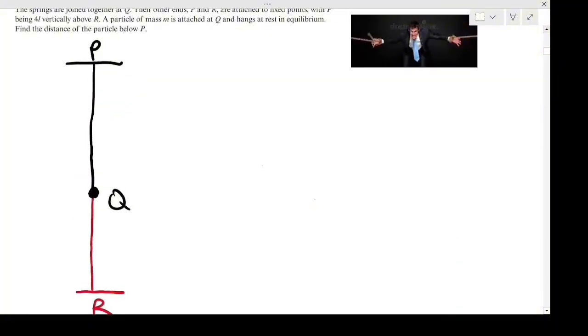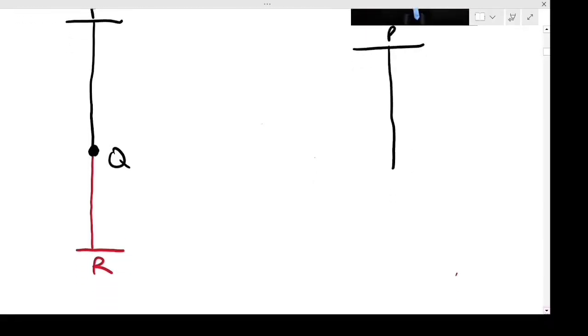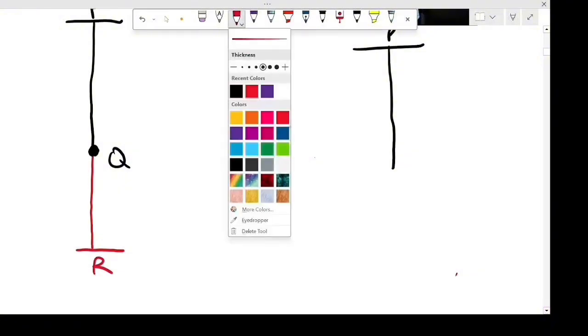Right, now we need to add on our forces. To help visualize exactly what's going on in terms of forces, let me break it down. Let us consider no particle added on. What's going to happen in that case? Before we add any particle on, the strings are going to look like this. From P, it's going to droop down, and then the red string is going to look like this.